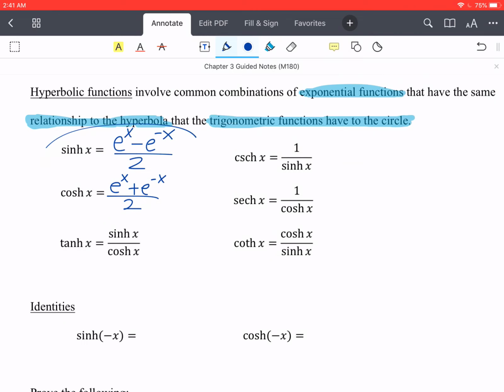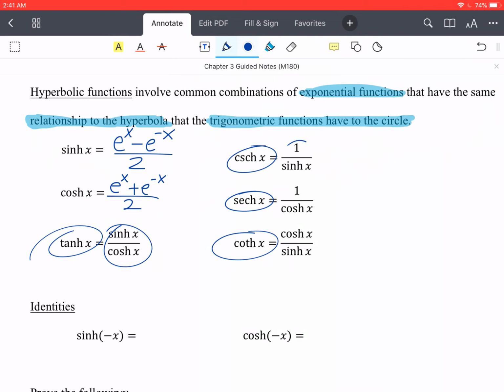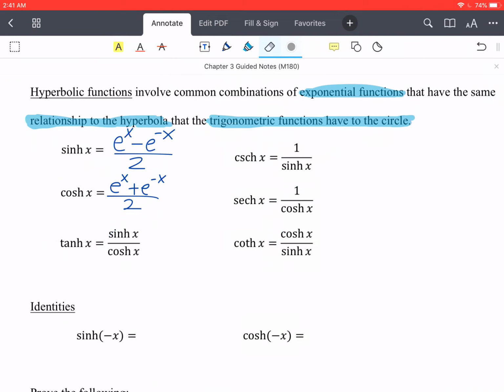So as you can see, very much exponential functions that we're working with here. And then just like with trig, every other hyperbolic function can be found as some combination of sinh and cosh. Just like with the trig functions, every other trig function can be found in terms of sine and cosine.